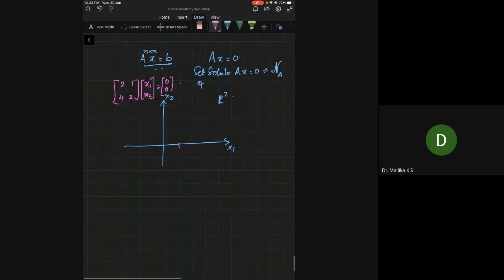So this is 1, 2, 3. This is minus 1, minus 2, minus 3. What we want is the point 1, minus 2 here, and 2, minus 4 is basically a point here. 0, 0 is already there.